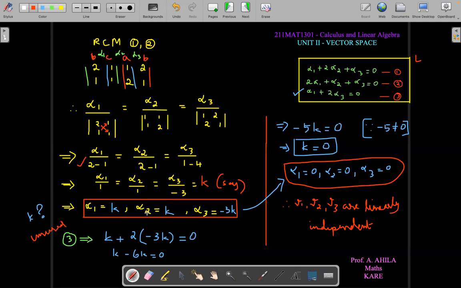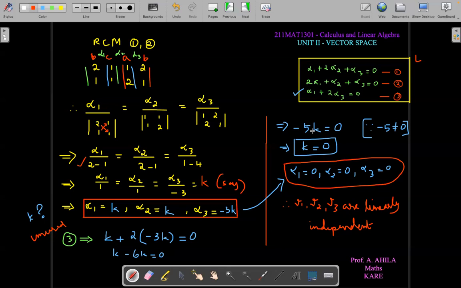After getting this ratio, the values with respect to k, we need to use those values in the unused equation to get the value of k. Here the unused equation is the third equation, alpha 1 plus 2 alpha 3. Now substitute the values: alpha 1 is k and alpha 3 is minus 3k. So k plus 2 into minus 3k equal to 0, that is k plus minus 6k equal to 0.